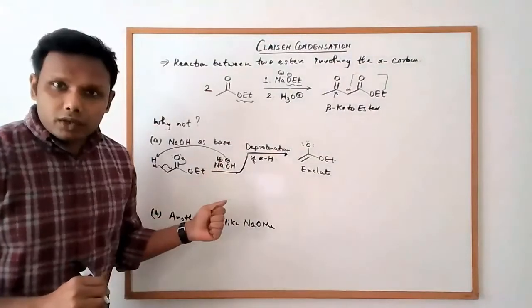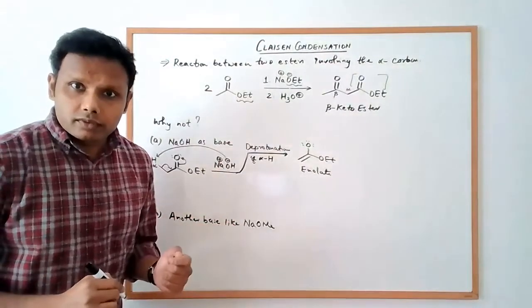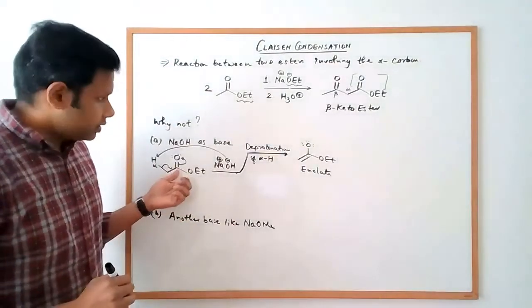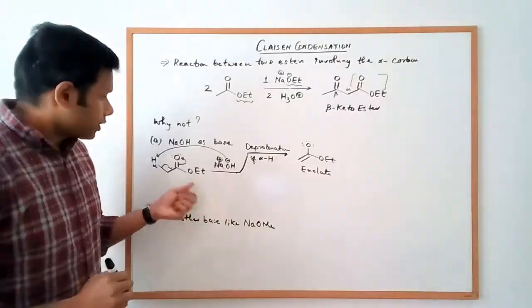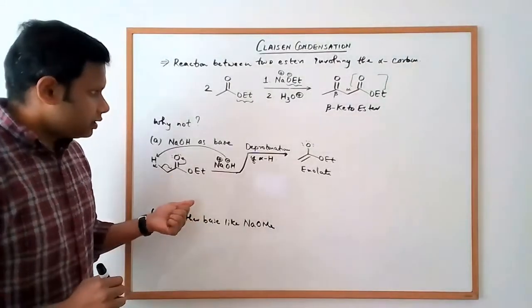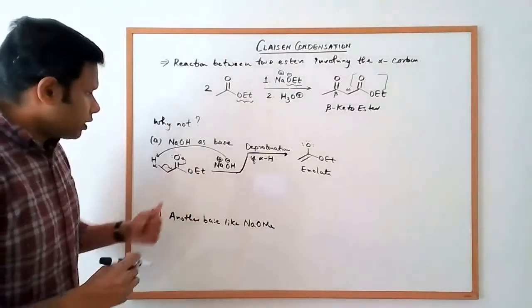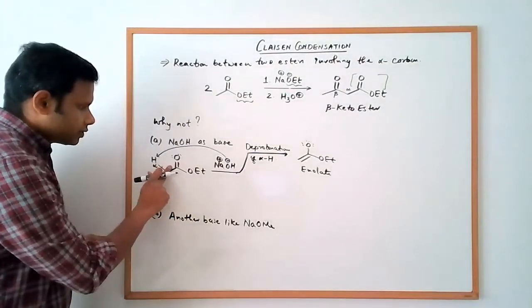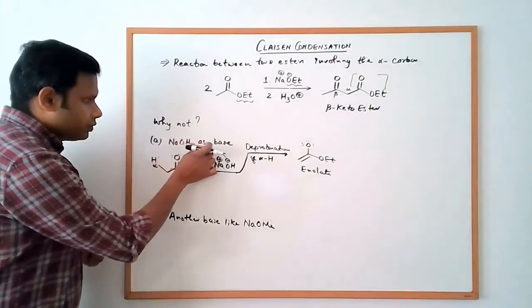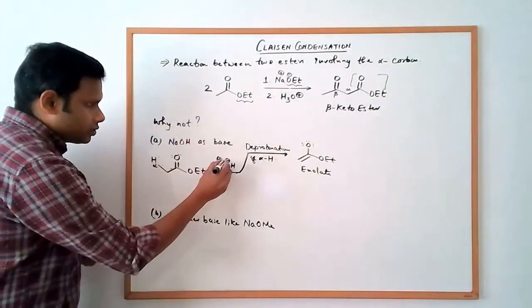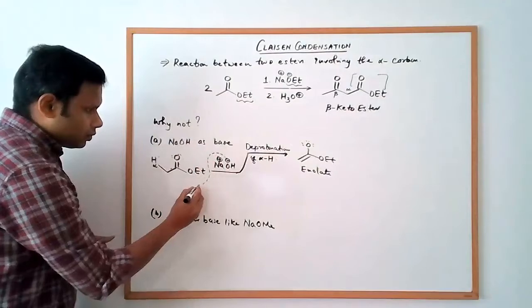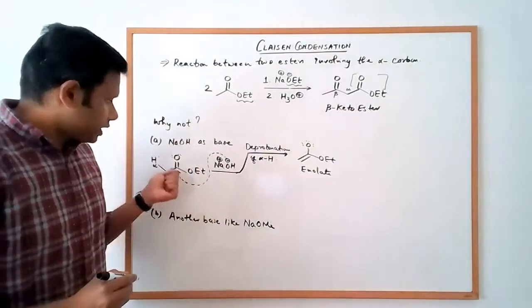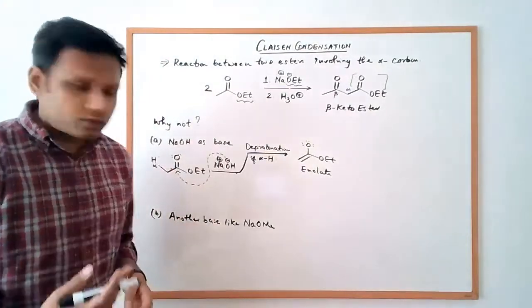But sodium hydroxide is also a good nucleophile. So with a carboxylic acid derivative like this, especially an ester, another possibility is that sodium hydroxide, instead of deprotonating the alpha hydrogen, can actually attack the acyl carbon, because that acyl carbon is electrophilic.